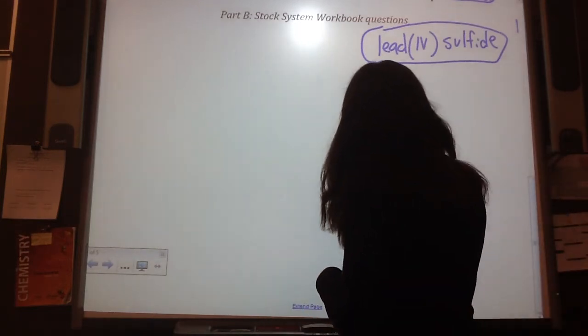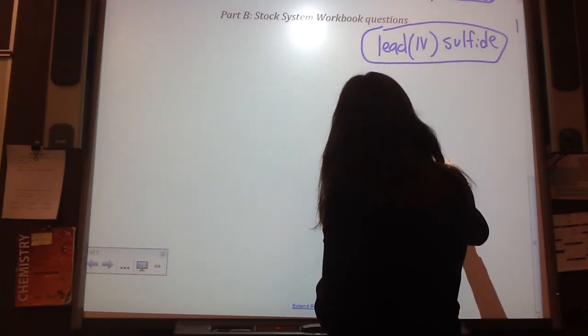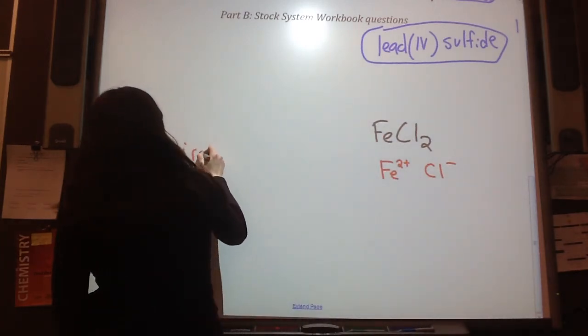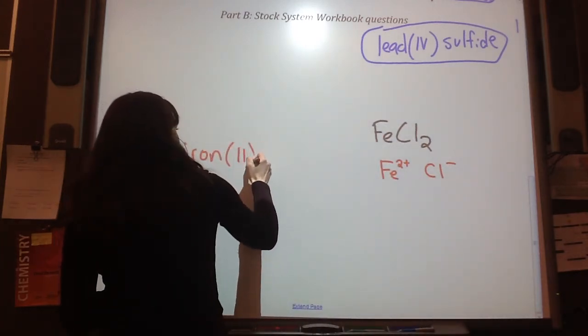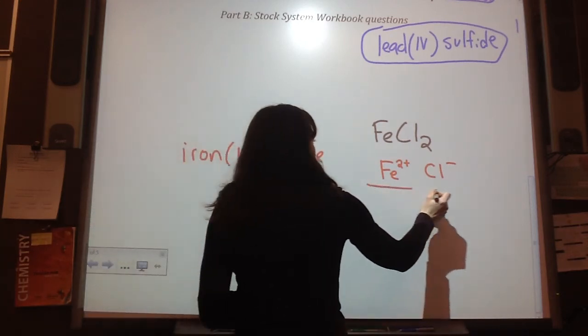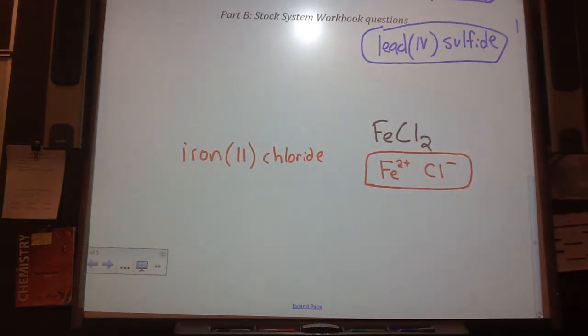So how did I get that? Well, uncrisscross, and I started with Fe2 and Cl-. So then the answer is iron 2 chloride. So please, you must write the ions in order to solve. I know you might be able to do it in your head, but please write the ions for practice.